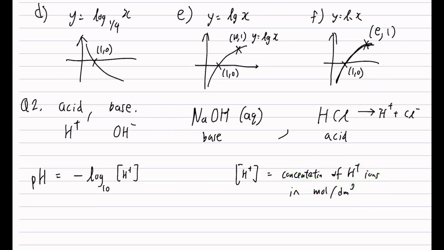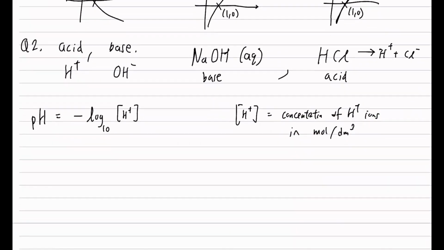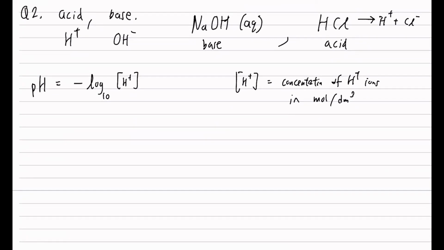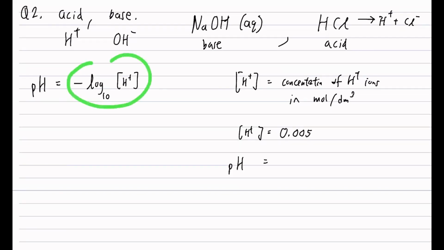And usually it's a very, very small concentration, like let's say 0.005 mole per dm cube. Let's check. If we have a concentration of H plus being 0.005, whatever units it is, then what would be the pH? pH says you take negative log base 10 of the concentration.